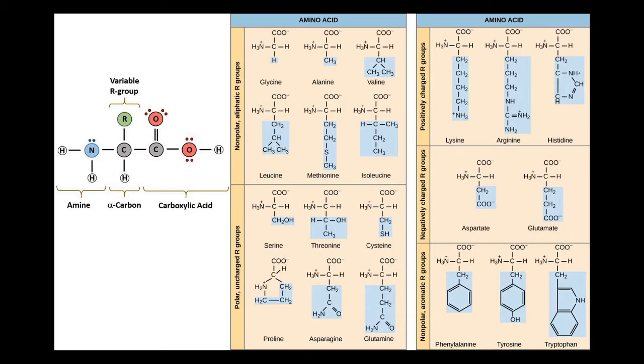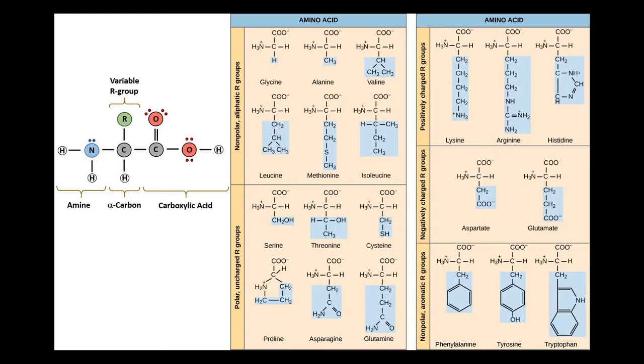The third group of amino acids are those that have positively charged R groups, which include lysine, arginine, and histidine. The fourth group of amino acids are those that contain negatively charged R groups, which include aspartate and glutamate. And finally, the last group of amino acids, which contain non-polar aromatic R groups, include phenylalanine, tyrosine, and tryptophan.